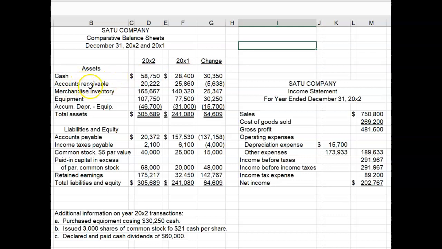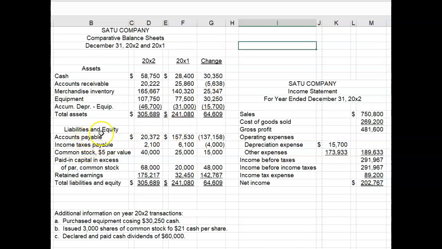Accounts receivable is a current asset. Merchandise inventory is a current asset, but equipment is not. So we have two current assets, and we need to know how the changes in those two current assets are going to affect net income in our statement of cash flows.